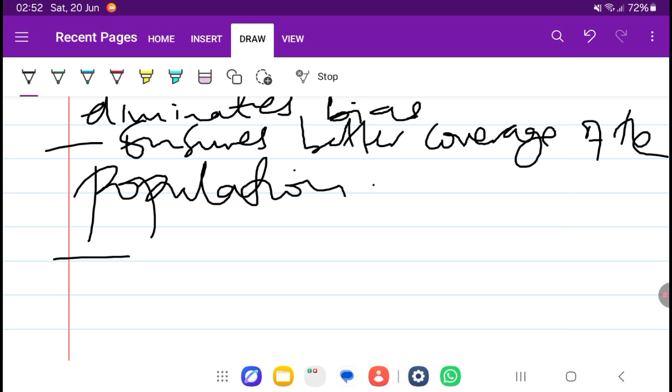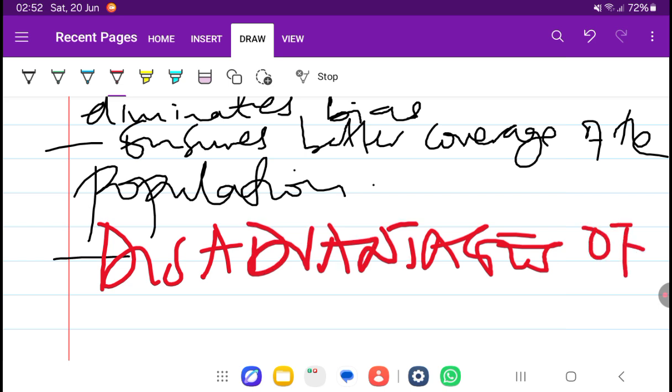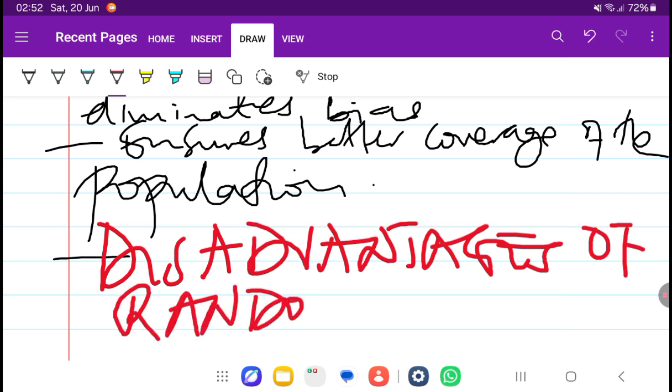So let's look at the disadvantages of the random sampling.